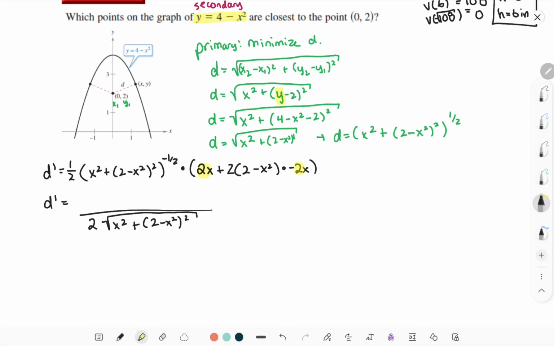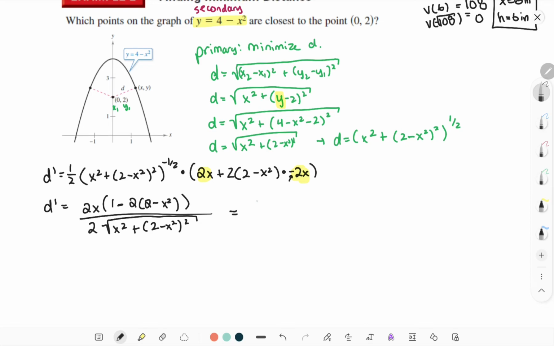I'm going to take a quick step and factor while I'm here. My two terms both have a 2x, so I'm going to pull out a 2x. I'm going to be left with a 1 plus 2 bracket 2 minus x squared, which is all times a negative 1 now because I factored that out. So I'm actually going to go back in and swap this to a negative sign because of this negative here. So I'm going to simplify a little more. I can reduce that common factor of 2 out front.